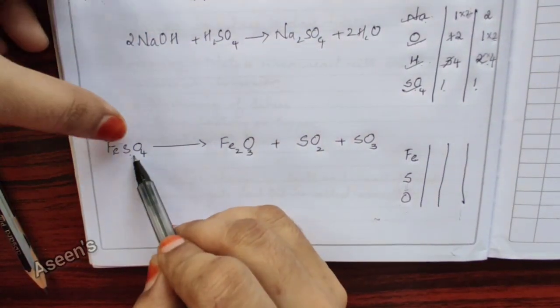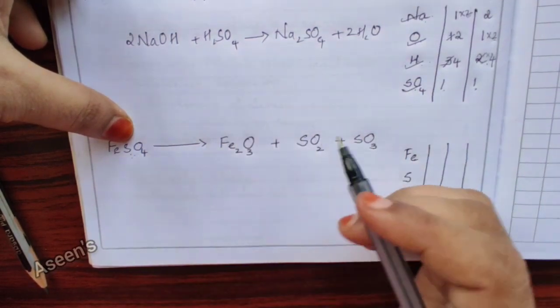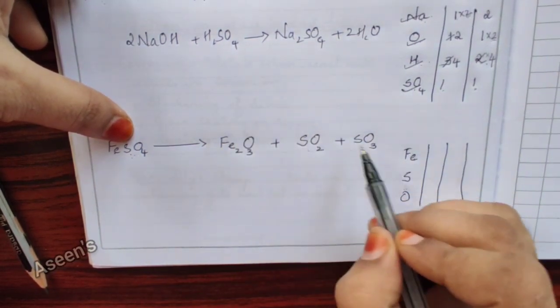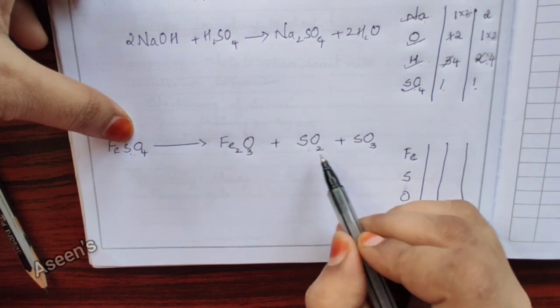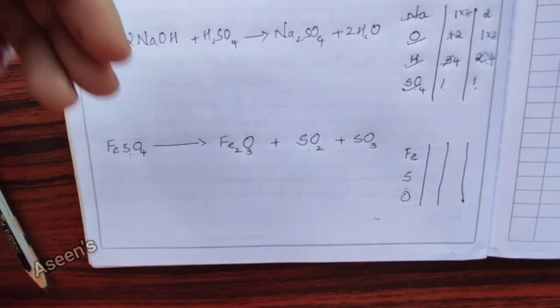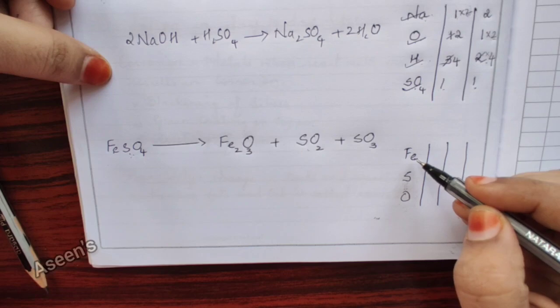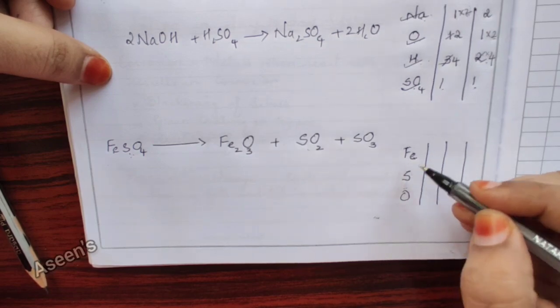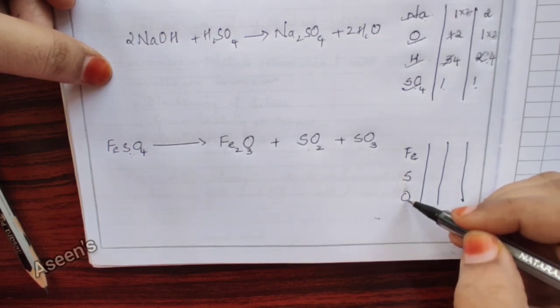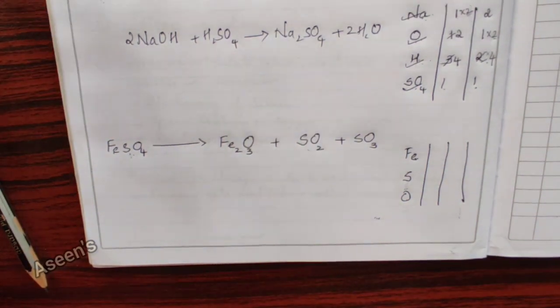In this case, I have SO4 over here, but on the product side, I don't have SO4. I have got SO2, SO3, but no SO4. So in order to avoid complication, I have kept iron, sulfur and oxygen separated. Sulfur and oxygen will be written separately.